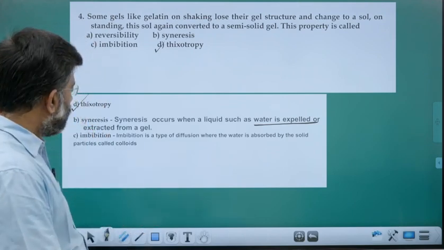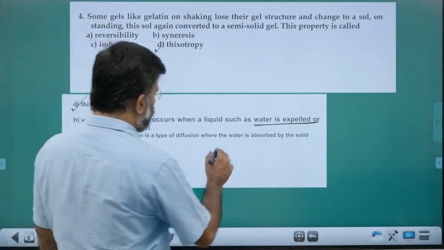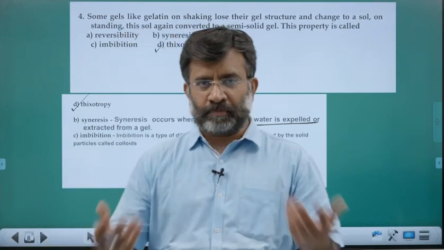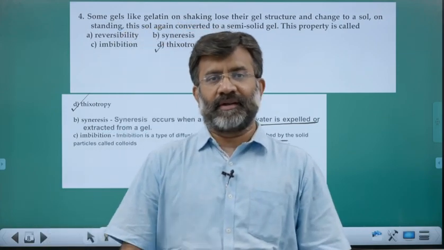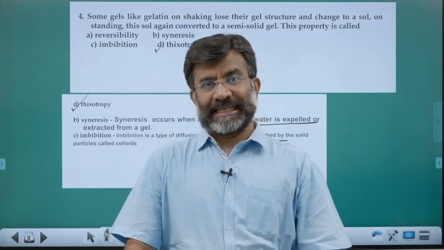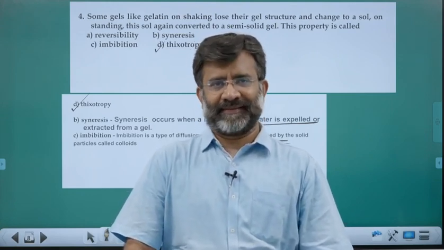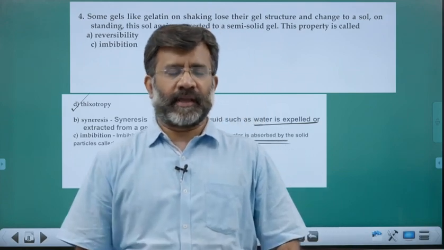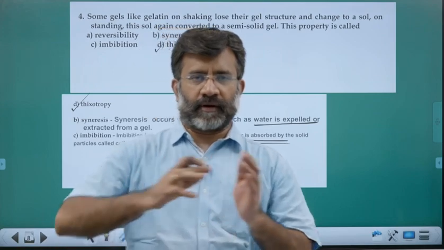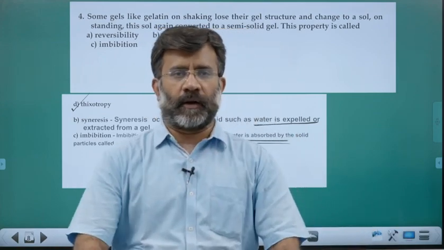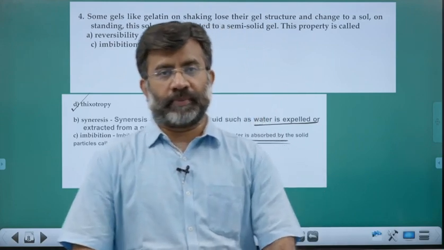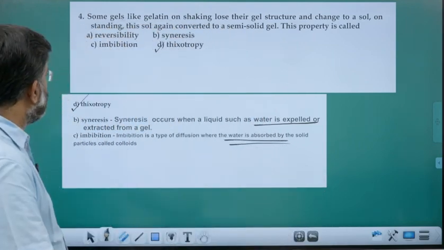Imbibition is a type of diffusion where water is absorbed. Syneresis, weeping. Right? Here we are talking about sol-gel interconversion. A sol converted to gel, gel converted to sol, this interconversion we call thixotropy. Next.